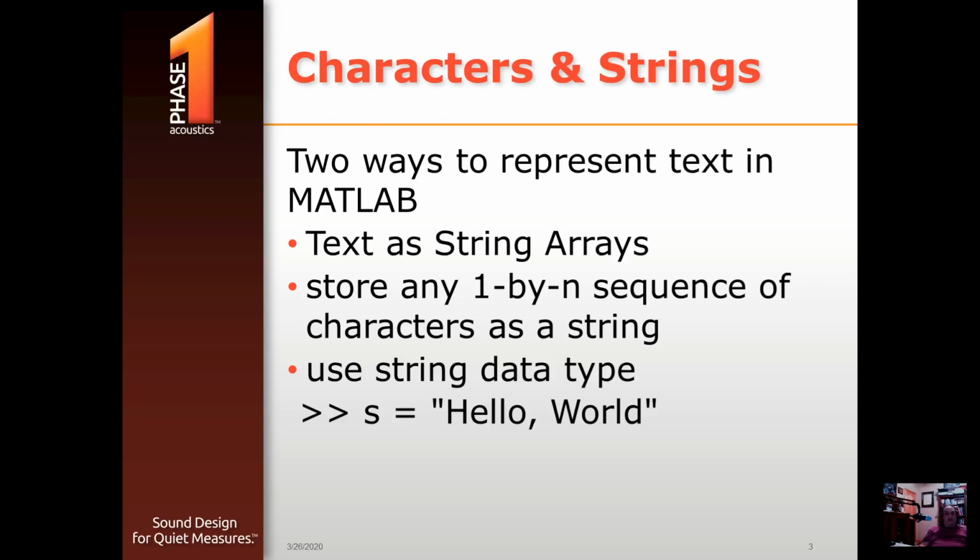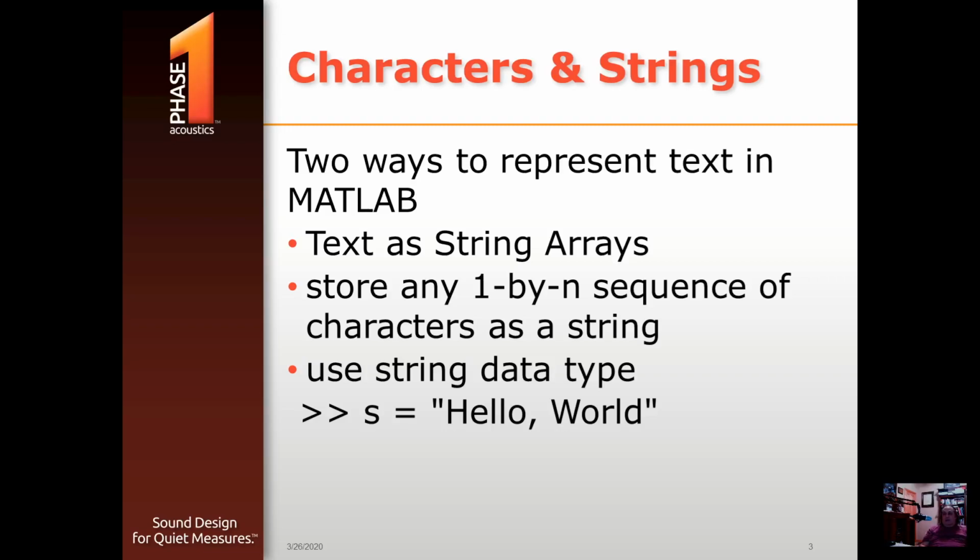I'm going to start off by using strings. And the most direct way is using double quotations. So if you create an assignment statement as shown here in MATLAB, S is assigned a value of double quotes, hello, comma, world.